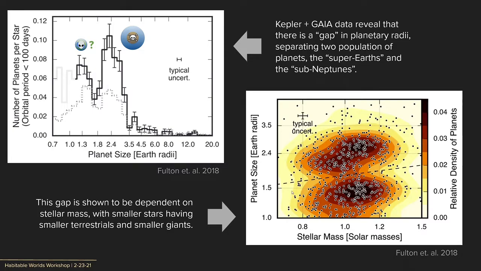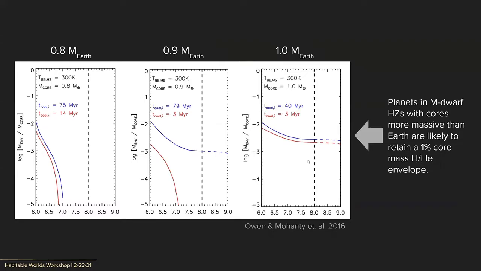Additionally, Fulton 2018 found that the planetary radius gap was dependent on stellar mass, with smaller stars usually creating smaller planets, and the planetary radius decreasing as stellar mass decreases. To that effect, Owen and Mahanti 2016 explored what Earth-like planets or Earth mass planets might look like if they were to have a primordial hydrogen helium envelope.